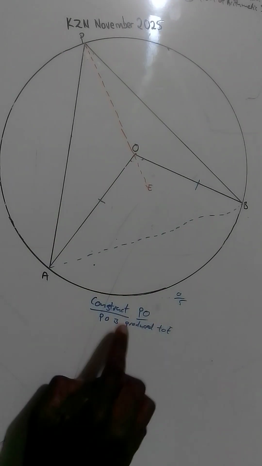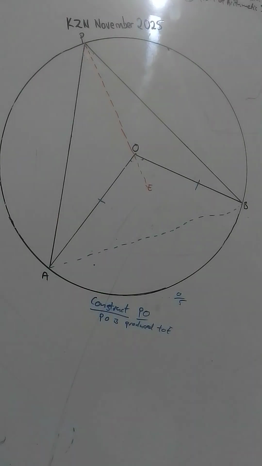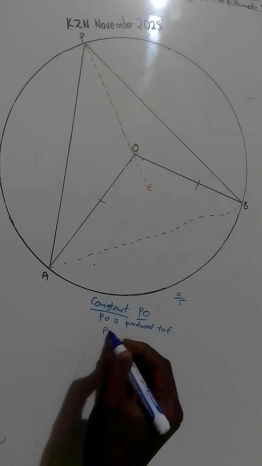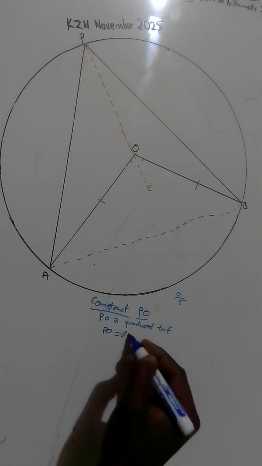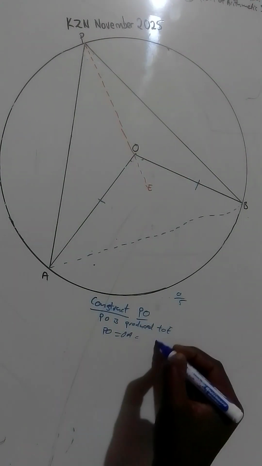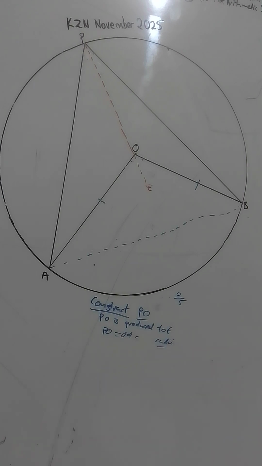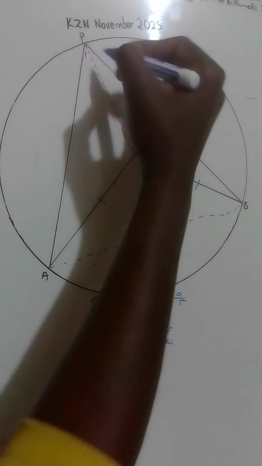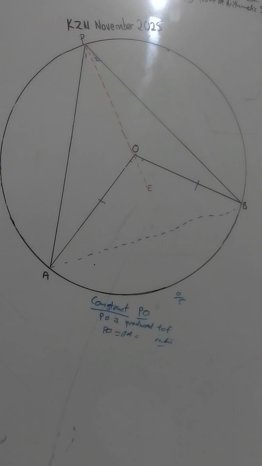Because now that I have constructed line PO and produced it to point E, I've got line PO, which is equal to PA, to OA. So what do I have? I've got radii here. Now I'm going to call this angle P1, and I'm going to call this one P2.